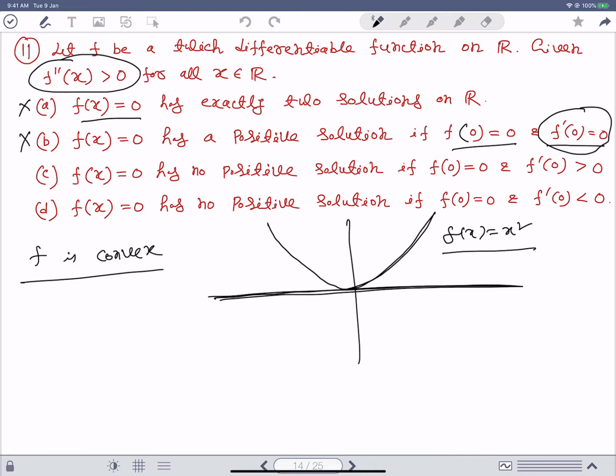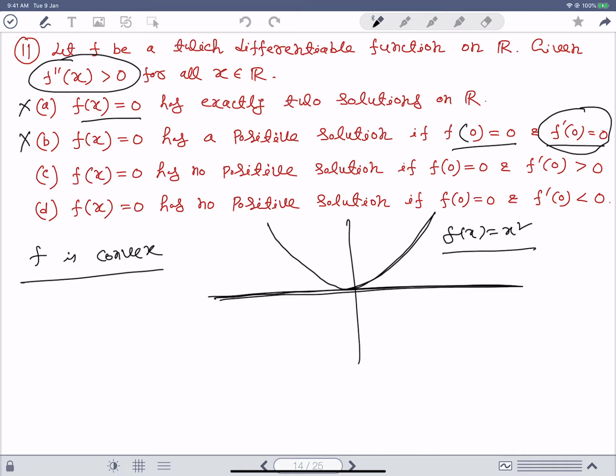Now the next one says f x has no positive solution if f 0 equal to 0 and f dash 0 bigger than 0. Now what does it mean? See, remember that f is a convex function, okay. Now f 0 equal to 0, that is at 0 the value of the function is 0, and also f is increasing at 0. That means the slope will be upward, okay.